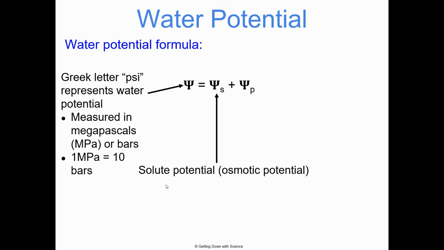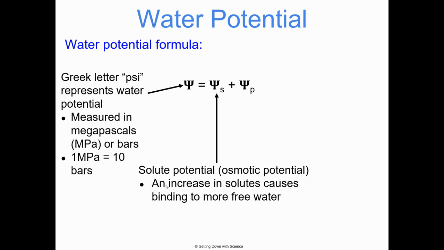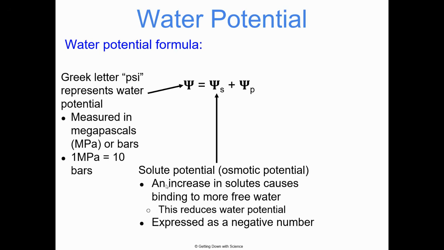This symbol here is for solute potential, or you can also refer to it as osmotic potential. An increase in solutes causes binding to more free water, and therefore that's going to reduce water potential. And solute potential is always going to be expressed as a negative number. Something that I need you to memorize is that pure water is 0 megapascals or 0 bars.